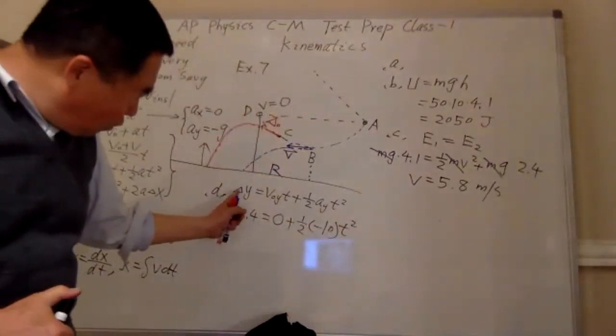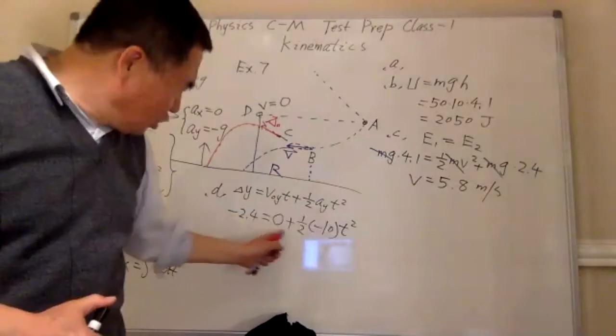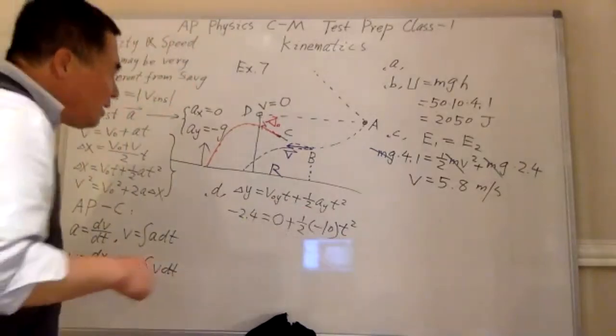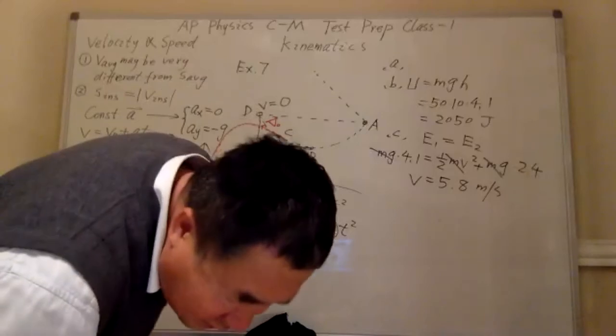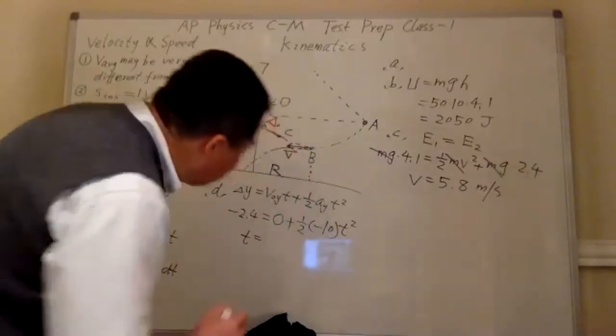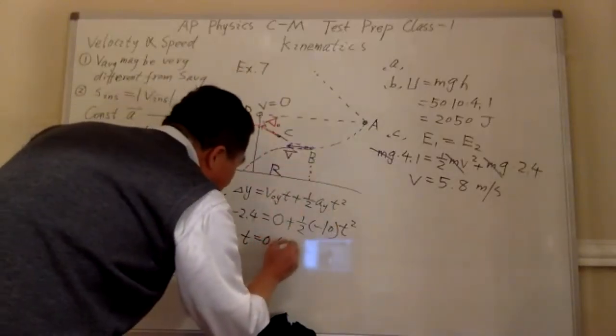So you have to use the correct sign on each quantity. By this way, you can calculate t. The t I calculate equals 0.69 seconds.